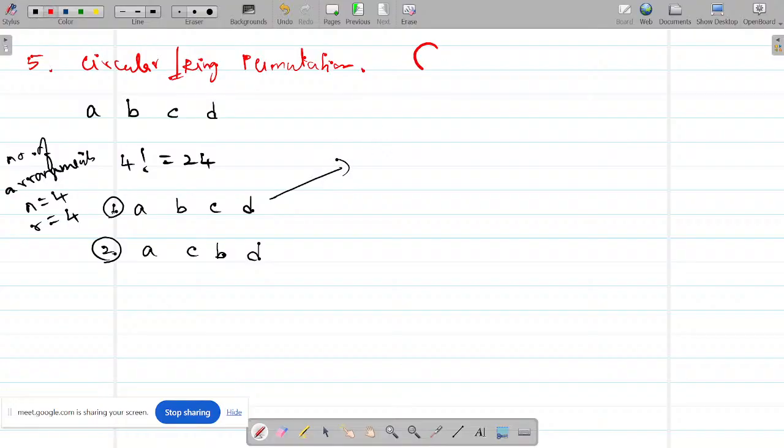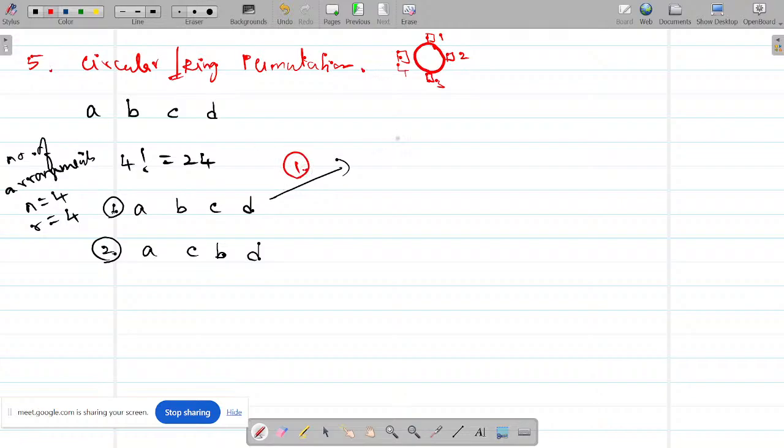Circular means a table is there. Please try to understand the concept. You are making them sit at a round table, with four different chairs facing each other or facing the podium or whatever it is. For convenience sake, I name the positions as position 1, position 2, position 3 and position 4, because we need to understand what happens in this case.